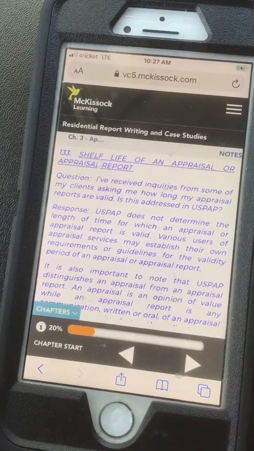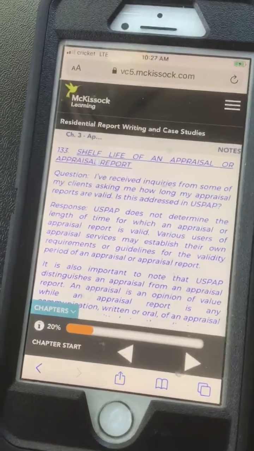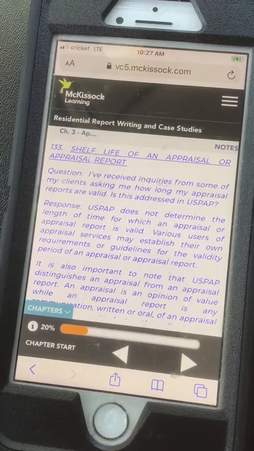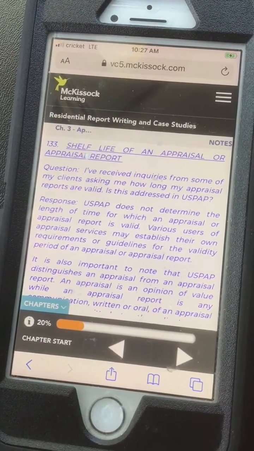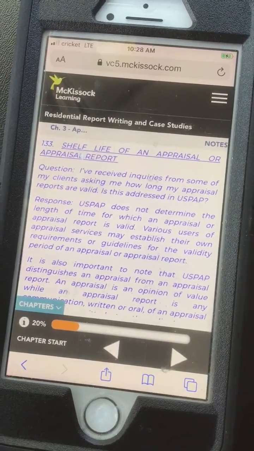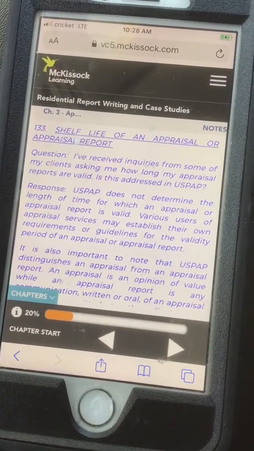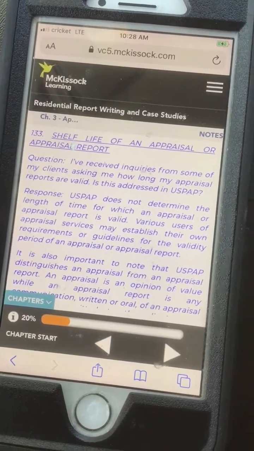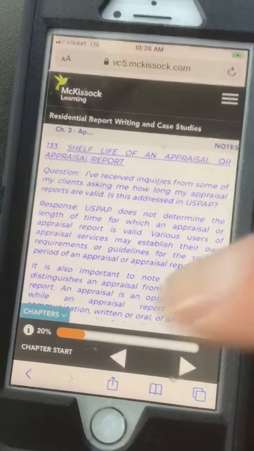Is this addressed in USPAP? Response: USPAP does not determine the length of time for which an appraisal or appraisal report is valid. Various users of appraisal services may establish their own requirements or guidelines for the validity period of an appraisal or appraisal report.